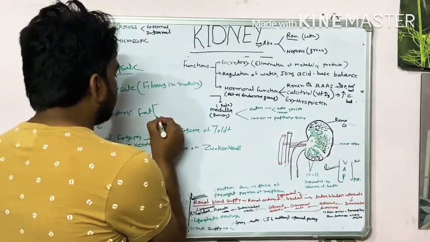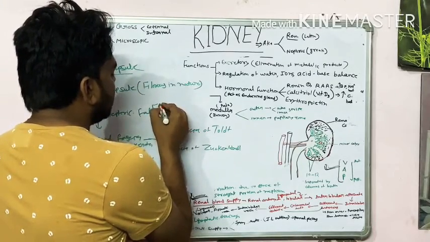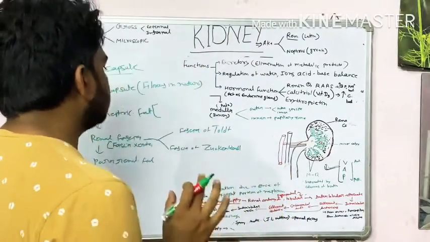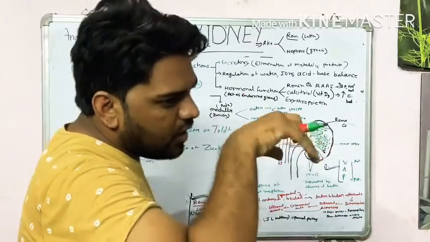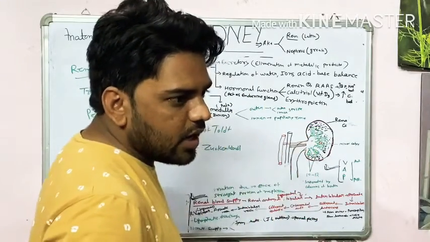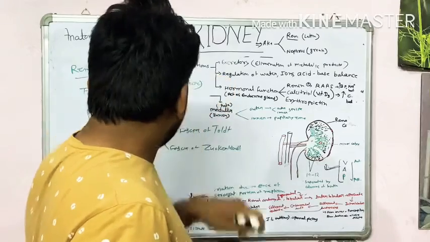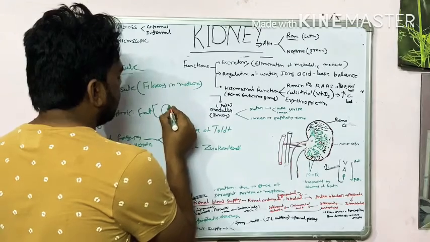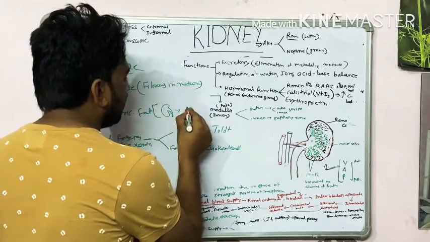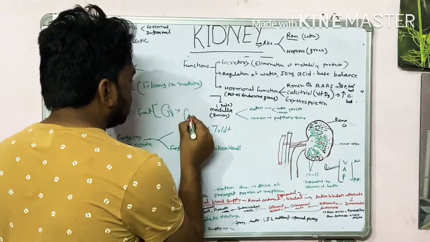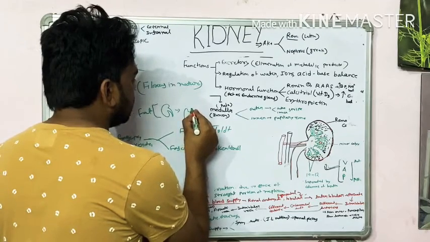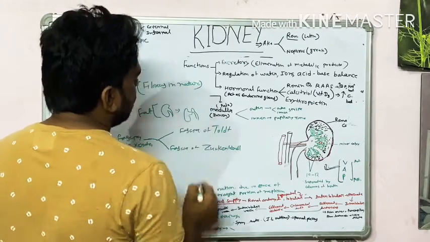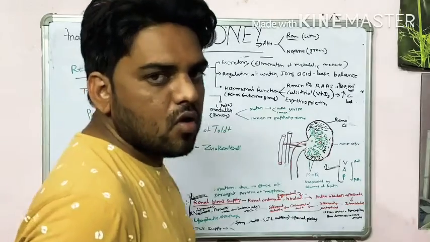If perinephric fat is degraded, the kidney will go downward like this, but the renal pelvis goes upward.